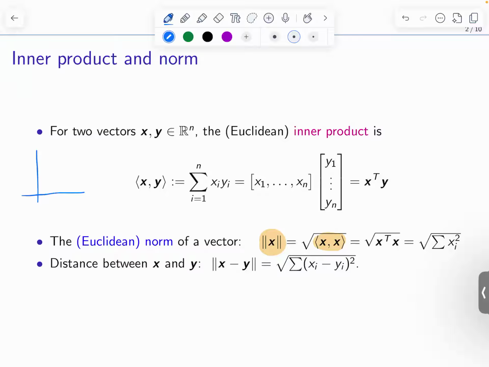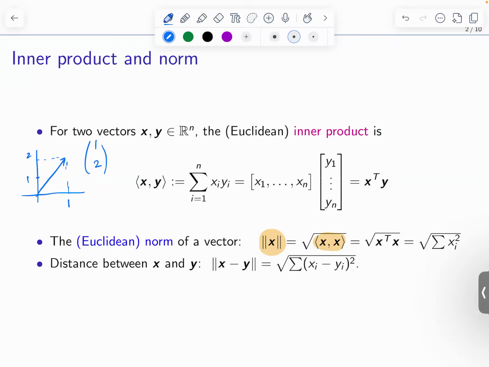Okay, so if you have R2, this matches what you imagine a norm would do. So if you have a vector, let's say (1, 2), the length of this would be the length of this, like Pythagoras.